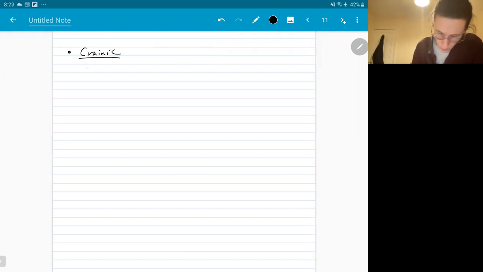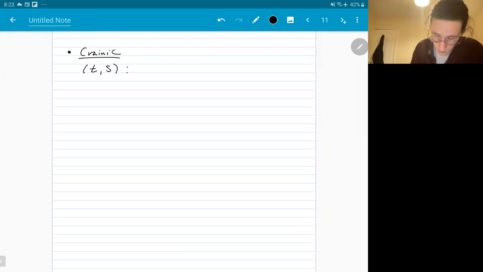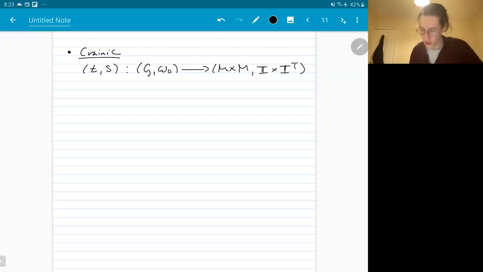In one of his papers, he observed that if you combine these two maps, T and S, which are the source and the target of the path, that gives you a map from (G, omega) to M cross M. If you equip M cross M with the product of the GC structure and its transpose, now you have a map between a symplectic manifold and a GC manifold, and a symplectic manifold is GC. What he showed is that this map is actually generalized holomorphic.